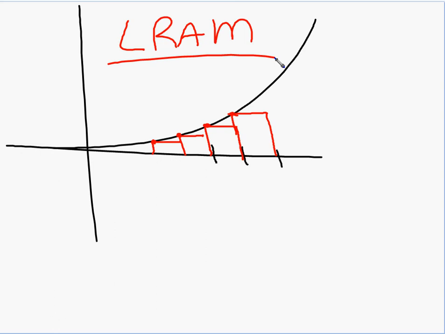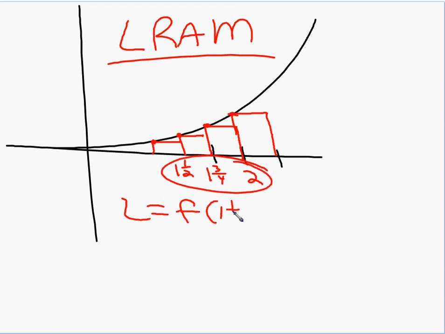Instead of using the midpoint value, like if these were fourths again, like if this was, let's say that this was 2, and this was 1 3/4, and this was 1 1/2. When I found my length, my lengths would come from these. It would be f of 1 1/2 instead of using a midpoint. All right? That's the only thing you would do differently. Everything else is the same.